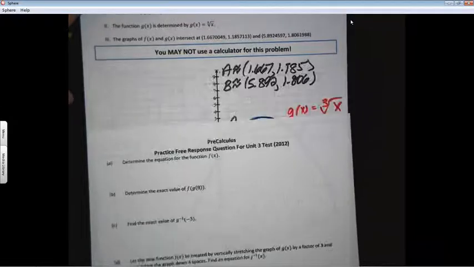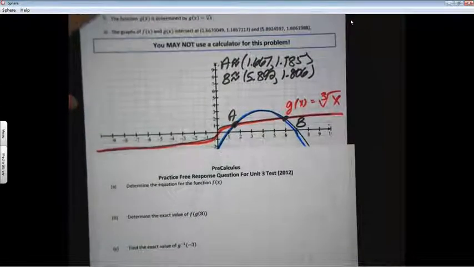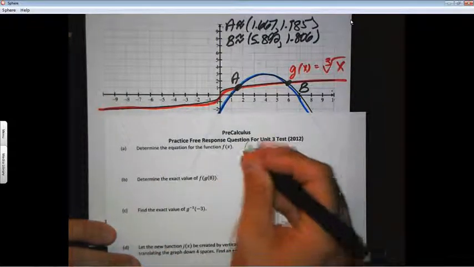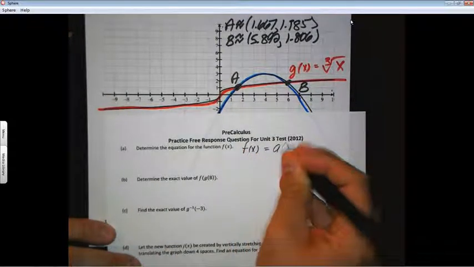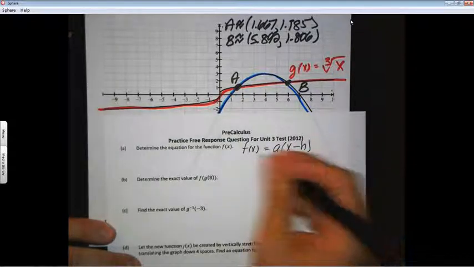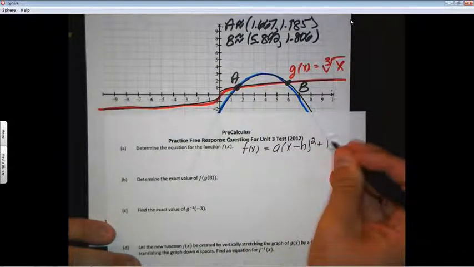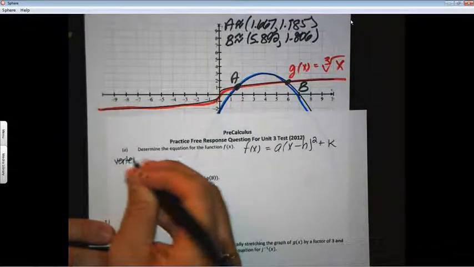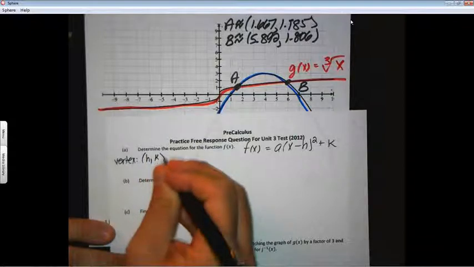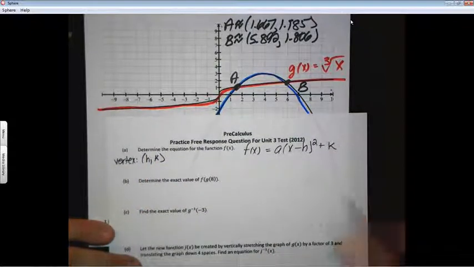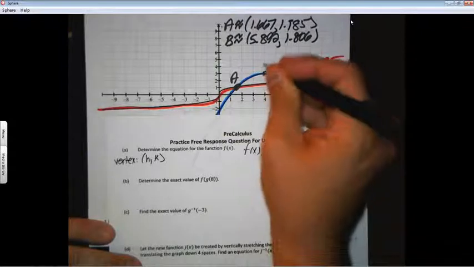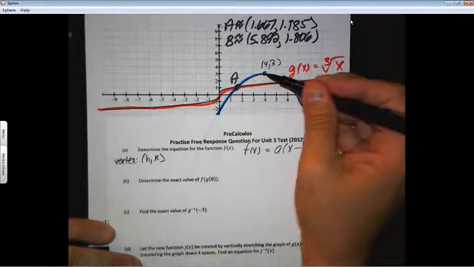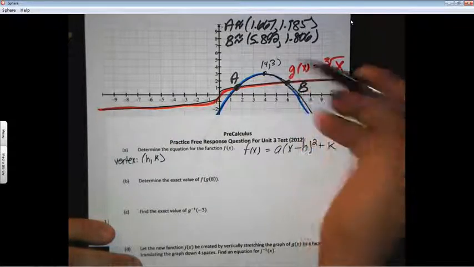I'm going to do a little bit of back and forth here. Part A: determine the equation for the function f of x. Let's remember that f of x was the parabola, so that's the blue one. For any parabola, I can write it in vertex form, f of x equals a times (x minus h) squared plus k, where the vertex is located at (h, k).